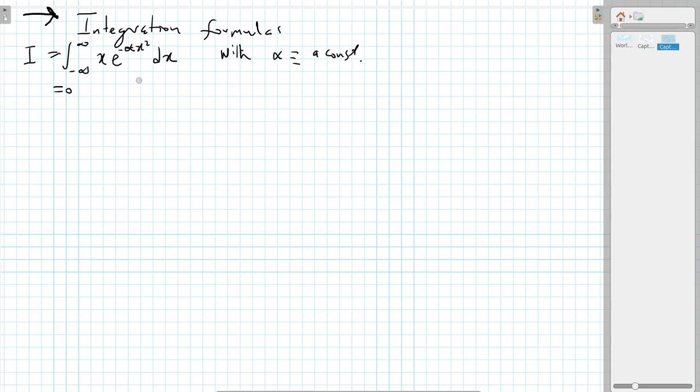It's equal to 0 for symmetry reason, as I have explained earlier.